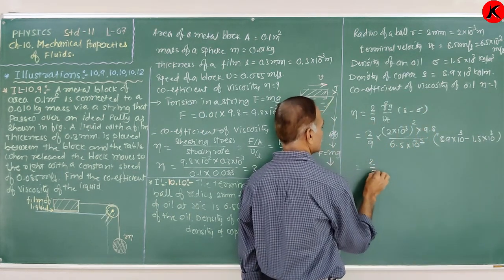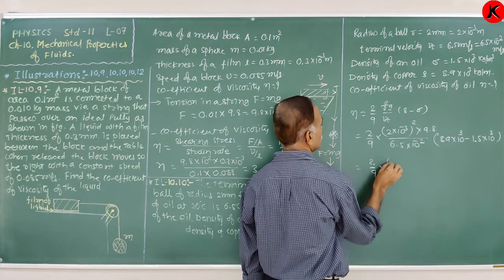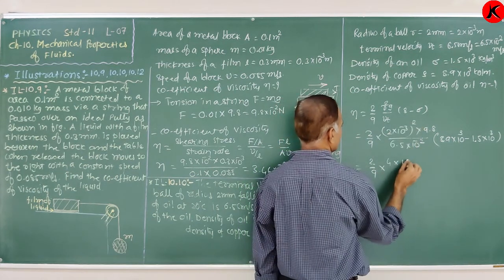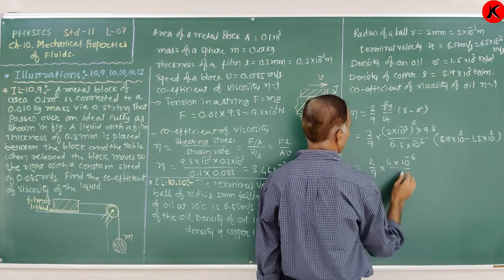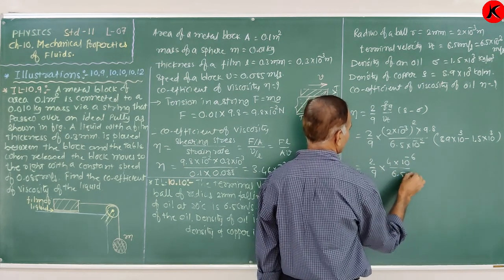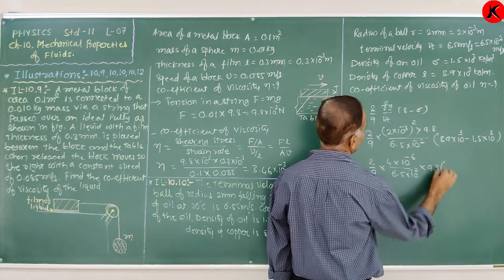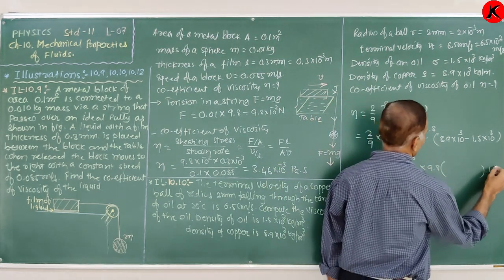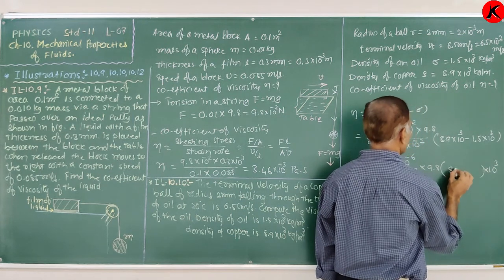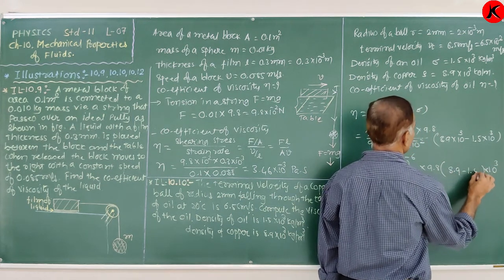Therefore 2 by 9 times the square of 2, 4 into 10 to the power minus 3, that means 10 to the power minus 6, upon 6.5 into 10 to the power minus 2 into 9.8. Here 10 to the power 3 is common. Therefore 8.9 minus 1.5.